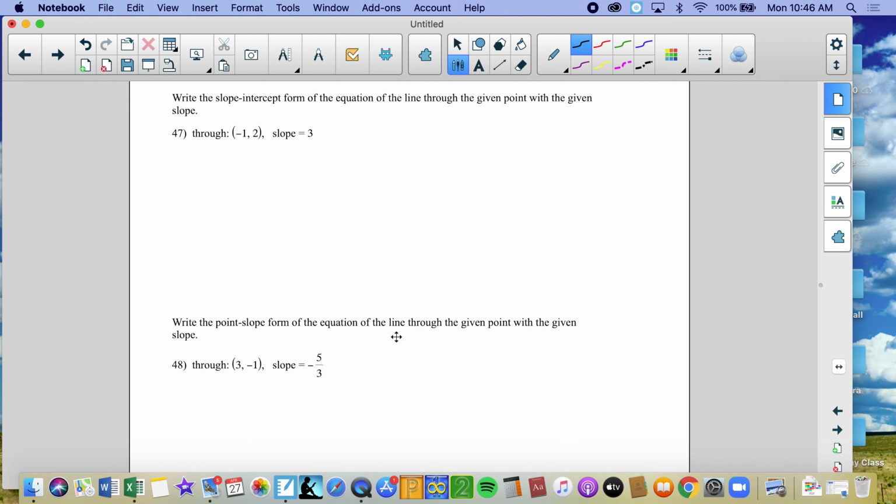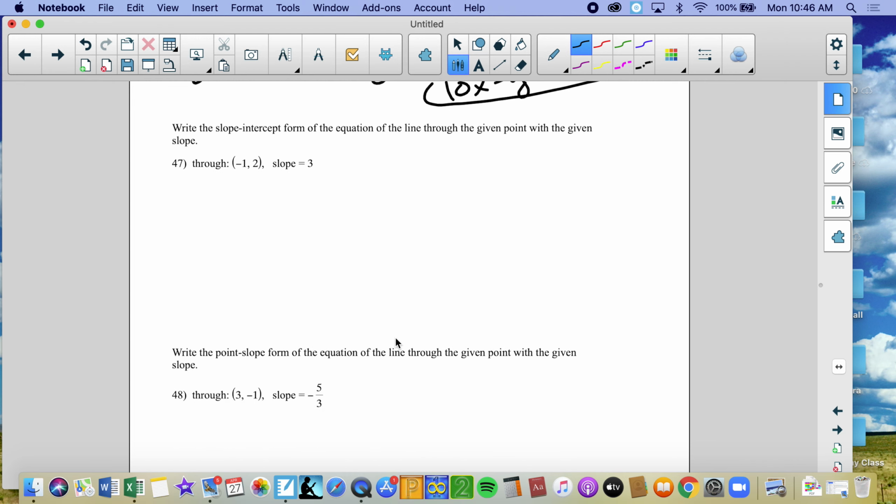Of course. Write the slope-intercept form of the equation through the given point. So slope-intercept. So again, I'm going to use point slope because I'm given a point and slope. Y minus my y value equals my slope times x minus my x value.